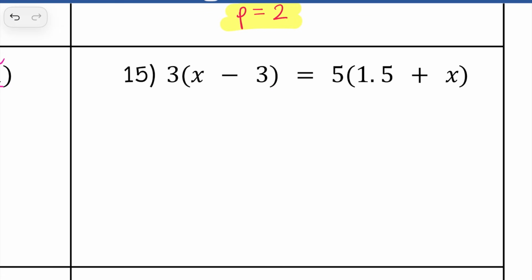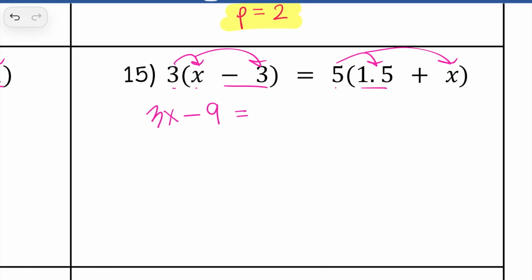Again, we have parentheses on both sides. So we're going to distribute. We start off with doing 3 times x, which is 3x. 3 times negative 3 would be negative, so minus 9. Bring down the equals. Over here on the right, we're distributing a 5, and I've got to do 5 times 1.5.